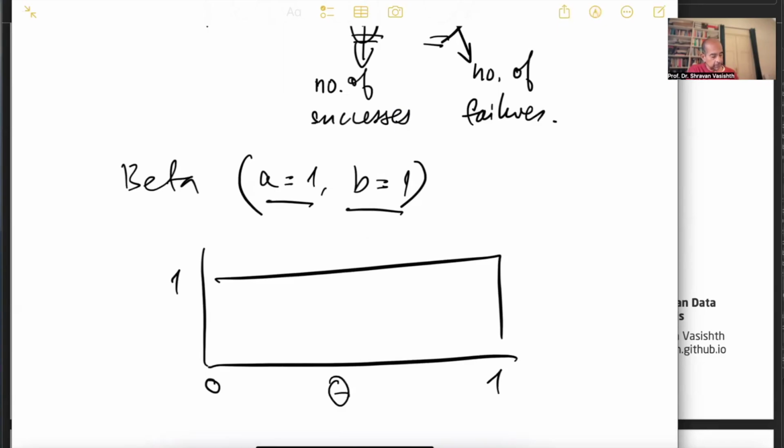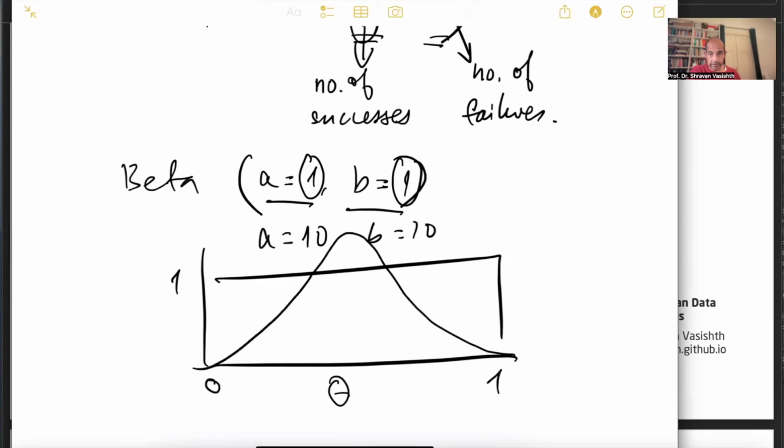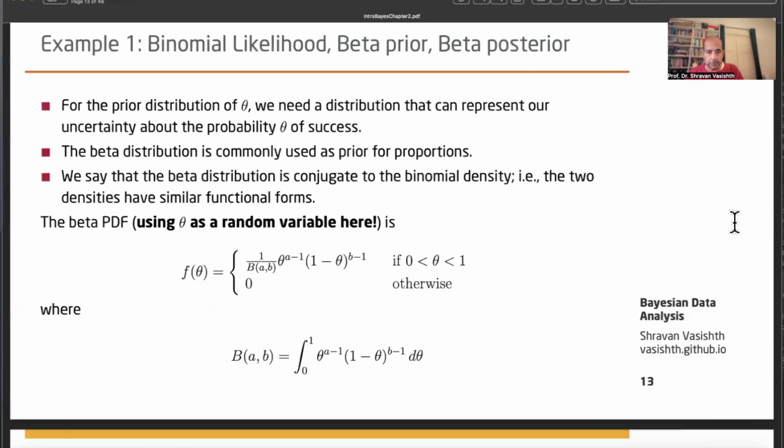That's what it will come up to. If I increase these numbers, so let's say I make them A equal to 10 and B equal to 10, then the curve will start changing shape and start looking like this, right? Now, what does the actual beta distribution look like?